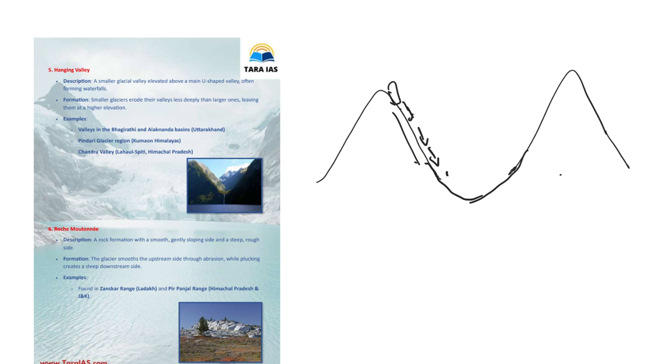Okay, so say I have a U-shaped valley, and slowly when glaciers melt, water accumulation happens in the U-shaped valleys. So these glaciers will have tributaries too, isn't it? So what is a hanging valley? Say a tributary comes from here, right. When the tributary is coming down and moving towards this valley, you call it a hanging valley.